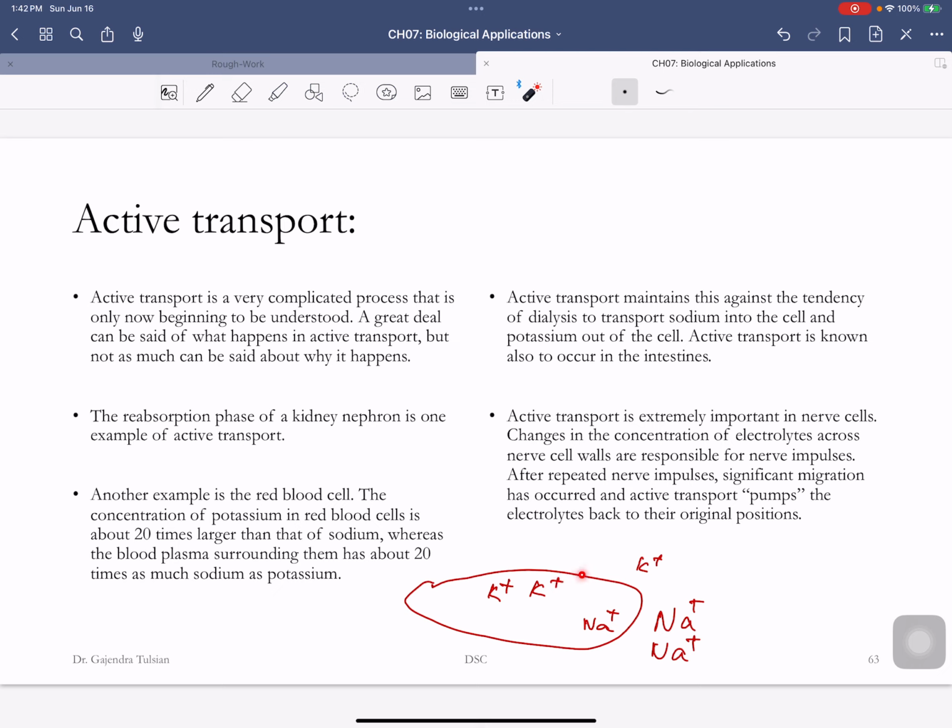Potassium wants to diffuse out, and you have to keep bringing potassium back in. Sodium wants to diffuse in, and you have to keep sending it back out. Active transport maintains this against the tendency of dialysis to transport sodium into the cell. So sodium wants to come into the cell, and potassium out of the cell. This is a red blood cell. Active transport is extremely important in nerve cells as well.